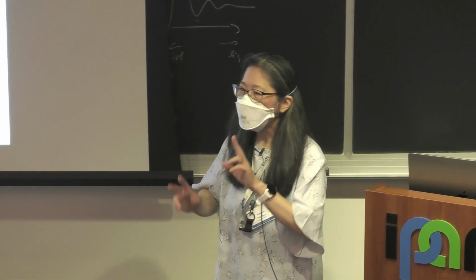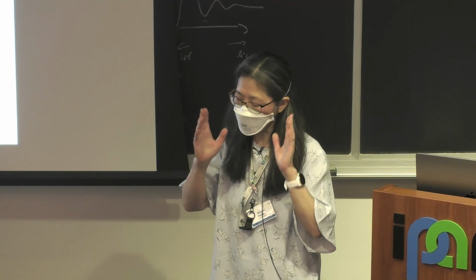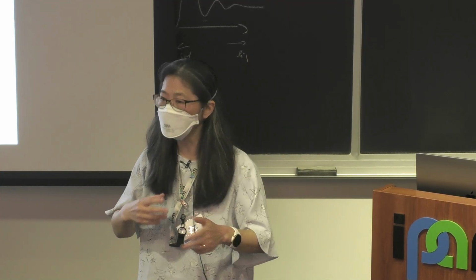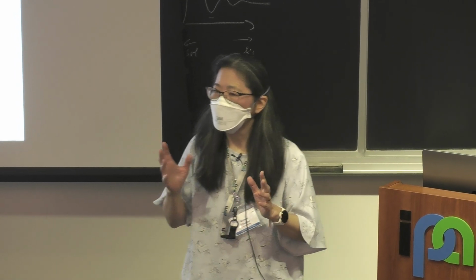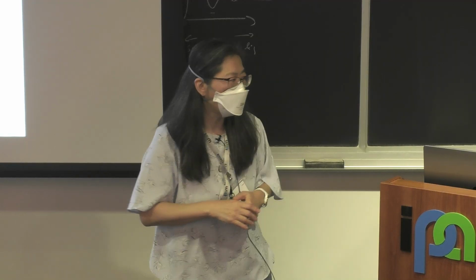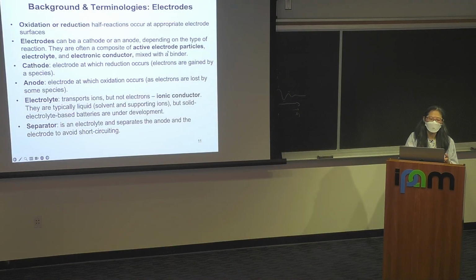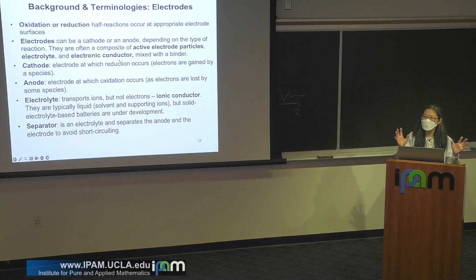For most lithium-ion rechargeable batteries, those electrodes are not a single material. It's actually a composite. It can consist of multiple things, including active electrode particles, electrolyte, and electron conductor. It's a multifunctional electrode.